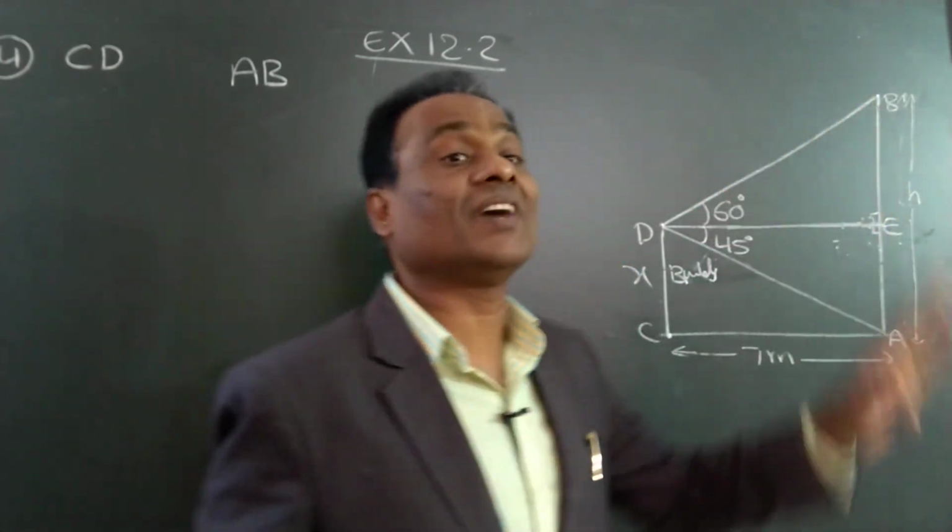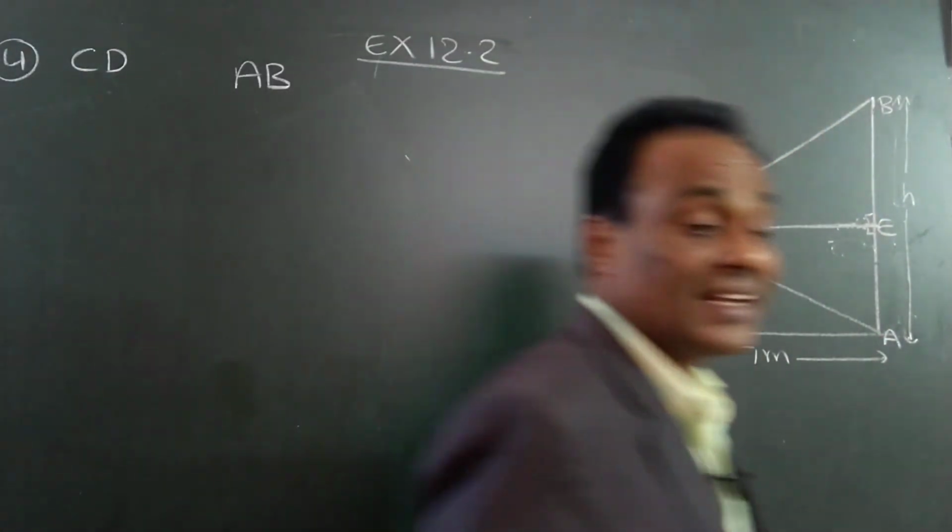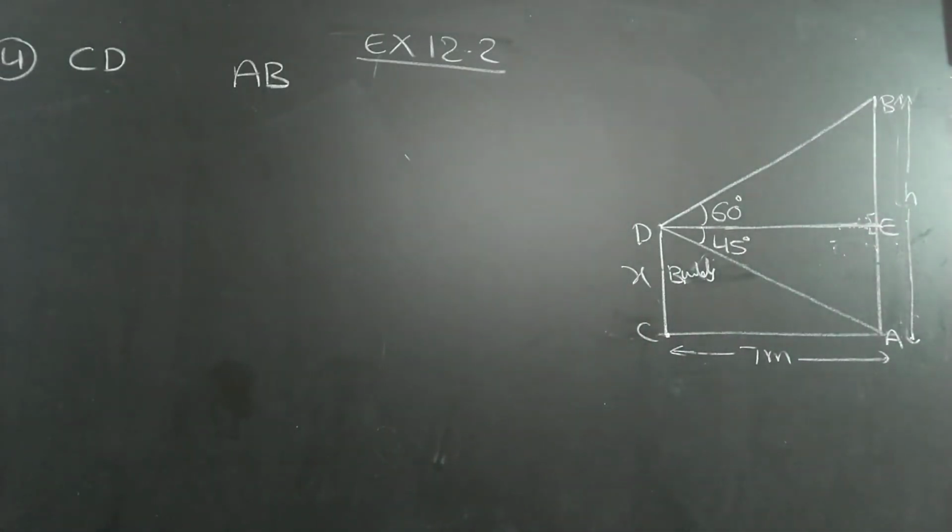AB be the cell tower. CD be the building. AB be the cell tower.